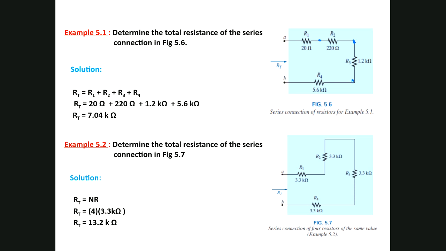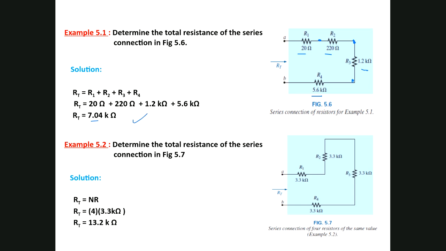So all the resistors here are connected in series. Then I can add them together by algebraic sum, R1 plus R2 plus R3 plus R4, substitute their values 20, 22, 20, 1.2K, 5.6K, then you can find the total resistance of 7.04 kilo ohm.